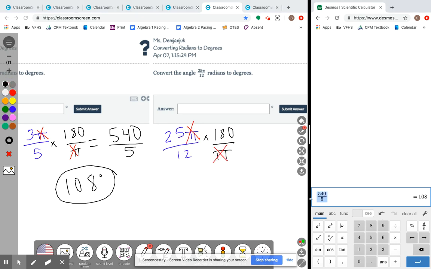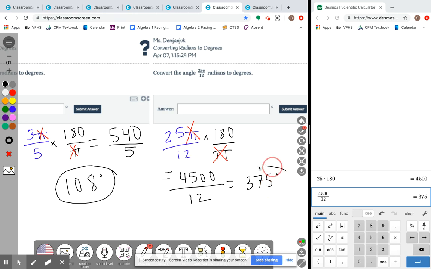In my numerator, I have 25 times 180 to give myself 4,500. In the denominator, I have 12. So in my calculator, I'm going to do 4,500 divided by 12, and I get 375 degrees as my final answer.